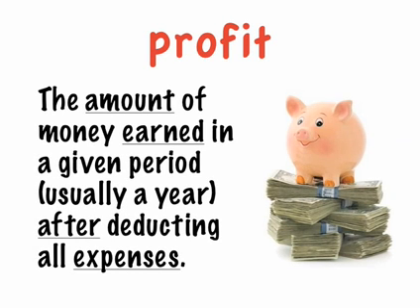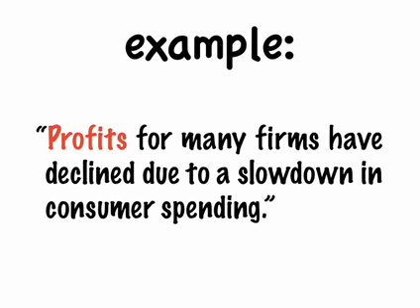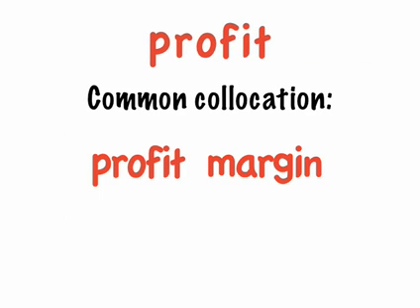Profit. A company's profit is the amount the business earns in a given period, usually a year, after deducting all expenses. Profits for many firms have declined due to a slowdown in consumer spending. Profit margin.